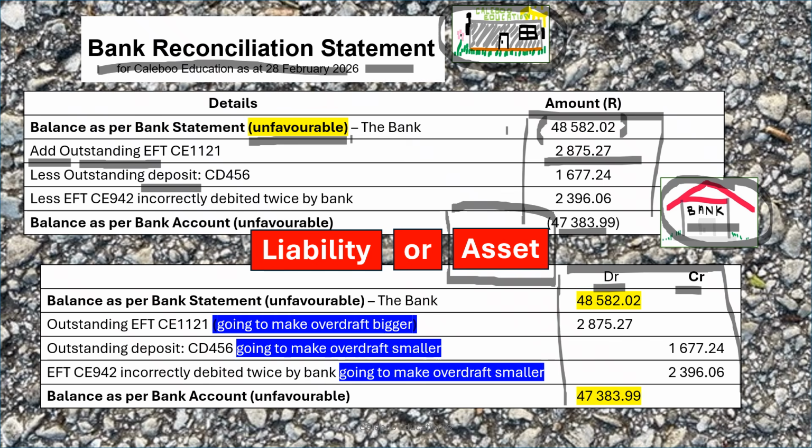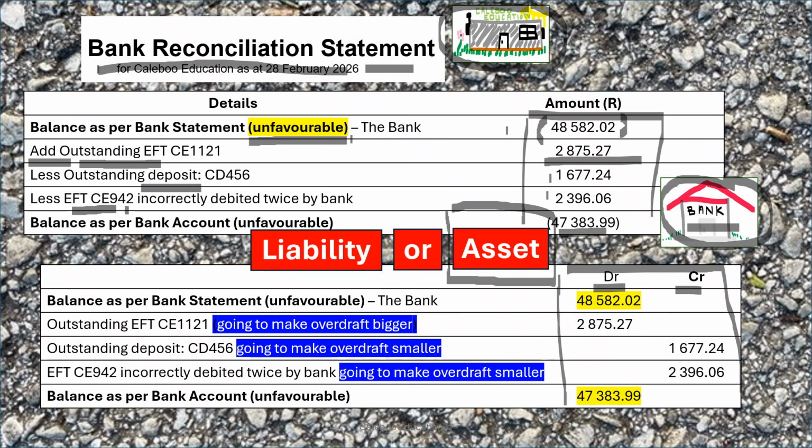In our cash receipts journal, we have recorded that we've deposited money, but the bank is not yet aware of that deposit. That is now going to make the overdraft smaller. And then something like an EFT that was incorrectly debited twice by the bank will make the overdraft smaller.